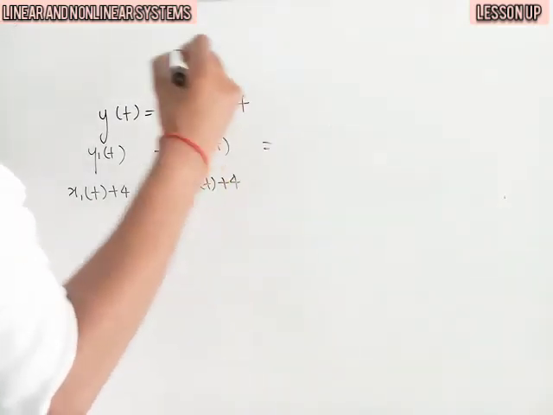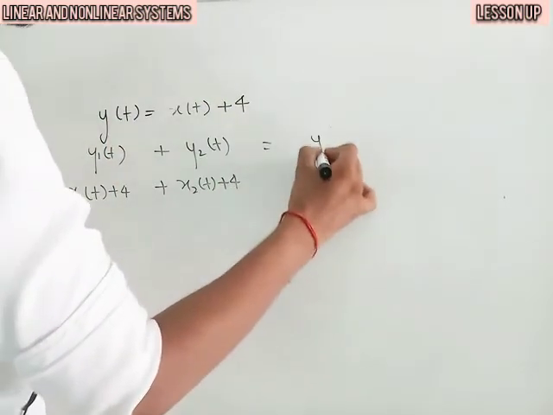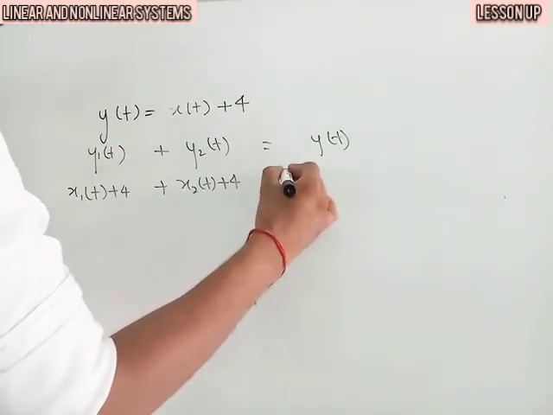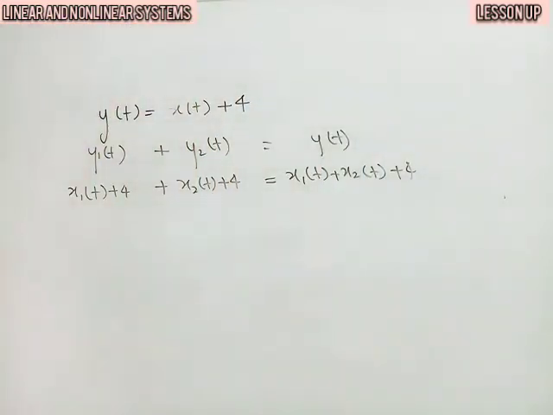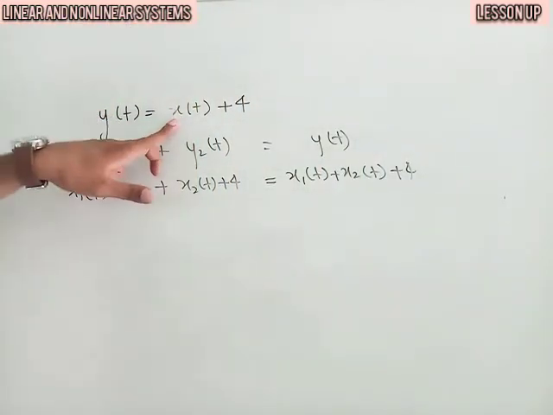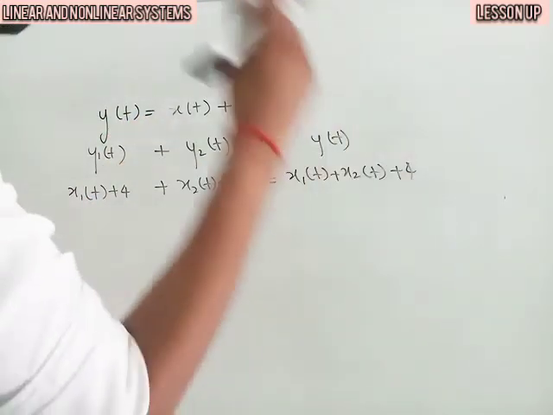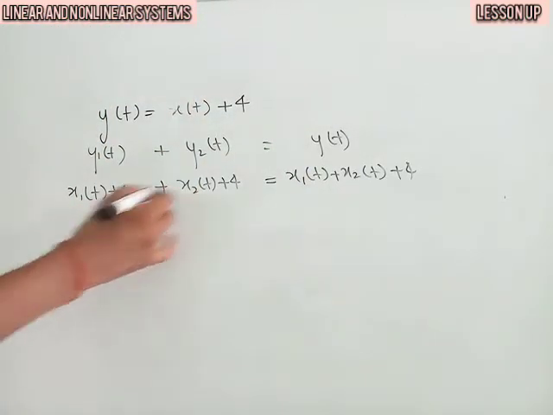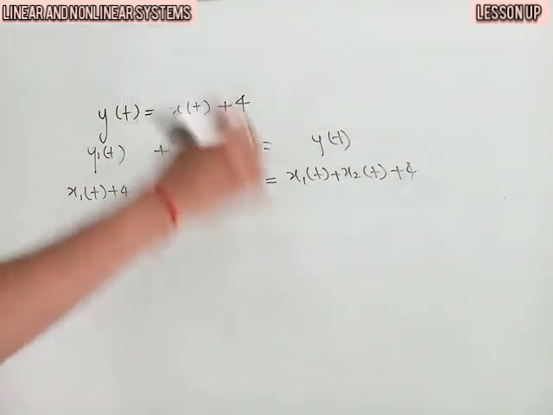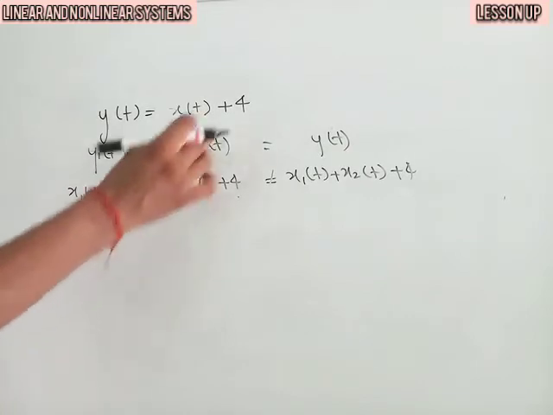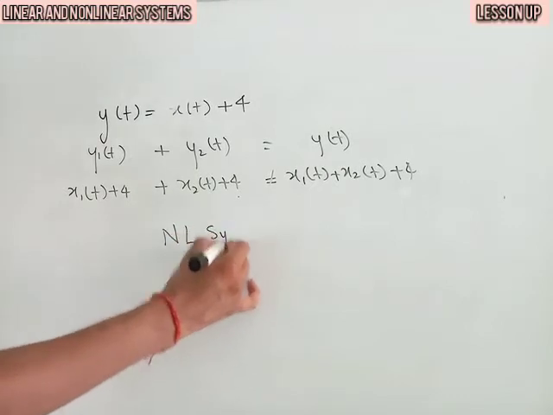With both the inputs, that is x1 of t plus x2 of t, we will get output y of t, and this should be equal to x1 of t plus x2 of t plus 4. Instead of x of t, we are giving x1 of t plus x2 of t, the summation of both the inputs. Okay. So, we will get the equation x1 of t plus x2 of t plus 4. So, we can tell that these two equations are not equal, because this 4 becomes 8, and here we get only 4. So, if you add some constant to the input, you will always get a non-linear system.